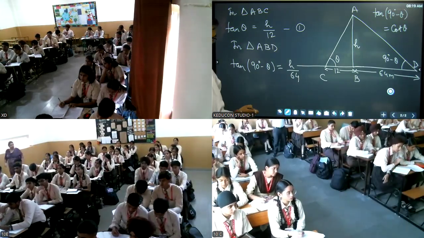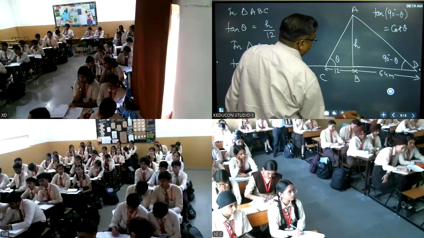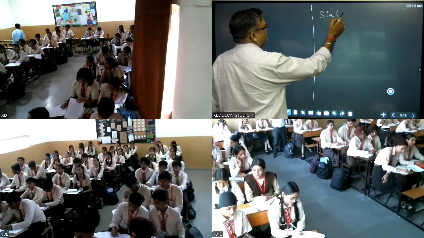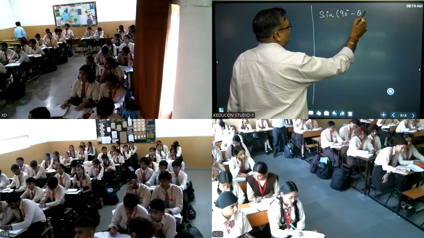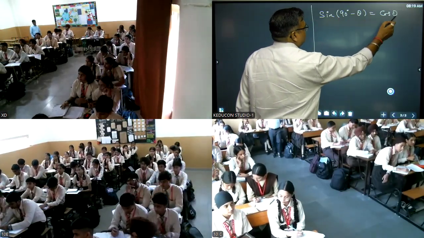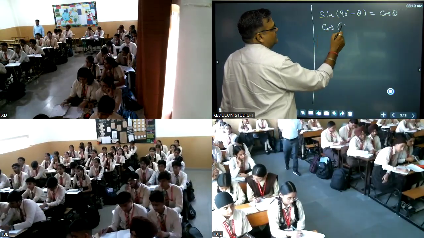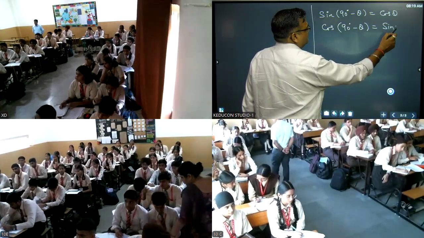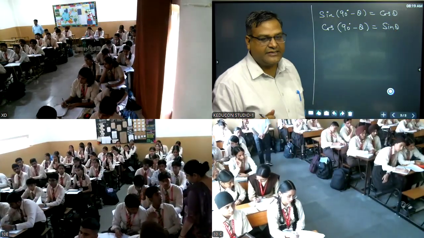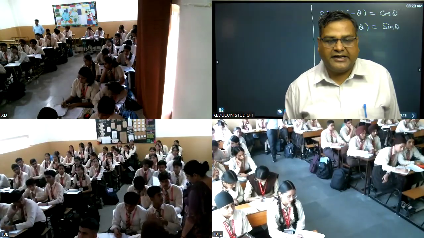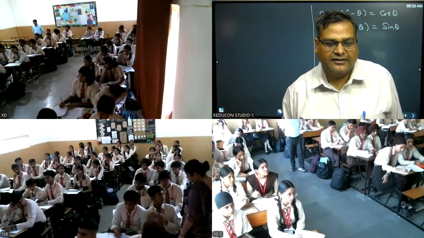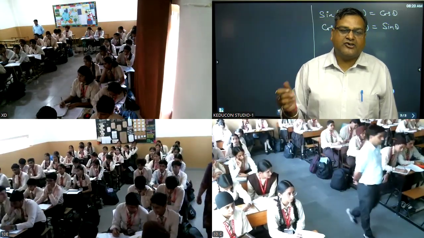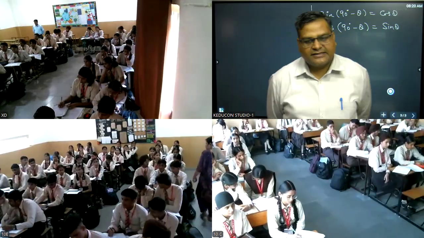For all complementary angles the ratios are, for example, sine of 90 minus theta is equal to cos theta. Cos of 90 minus theta equals sine theta. Similarly, tan of 90 minus theta is cot theta. Cot of 90 minus theta is tan theta. Secant 90 minus theta is cosecant theta, and cosecant 90 minus theta is secant theta.